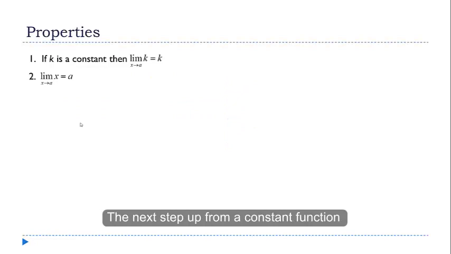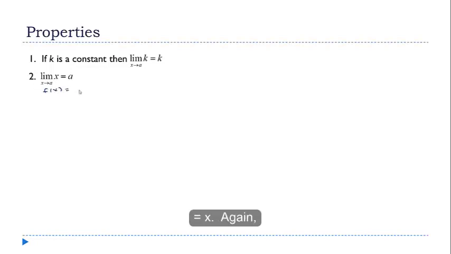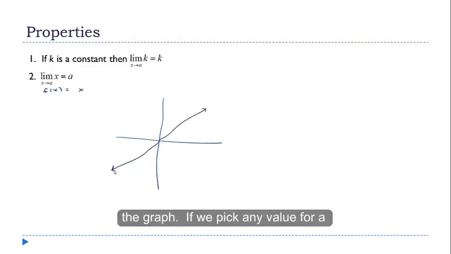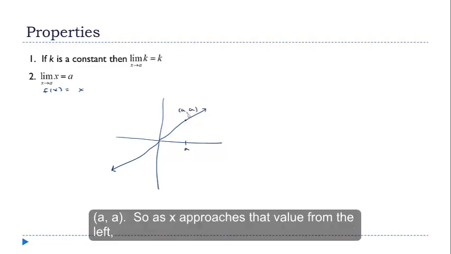Okay, well, the next step up from a constant function is a simple linear function, like f of x equals x. And again, it's going to be helpful to look at the graph. Now, if we pick any value for a, then this point is going to be (a, a).